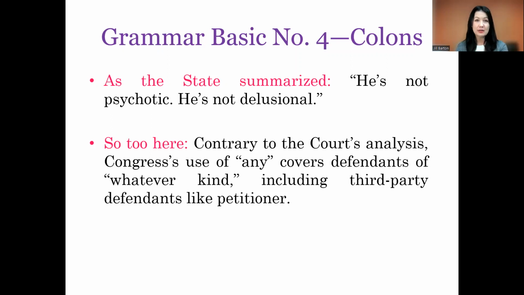But what follows that colon is a complete clause. These are both from Justice Kagan. She writes, "As the state summarized:" that is not a complete clause, but she wants to set it off. She's creating a pause, a hard stop in her writing. And then she says, "He's not psychotic. He's not delusional." She's setting up a quotation, which is a pretty common thing to do when you're using colons.